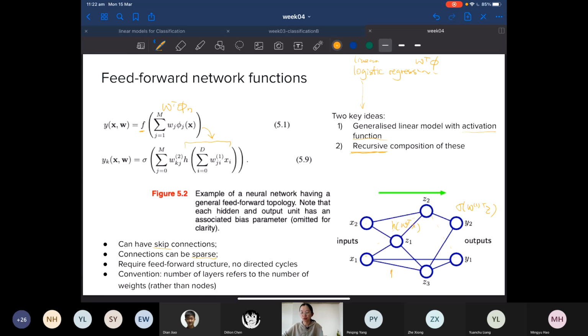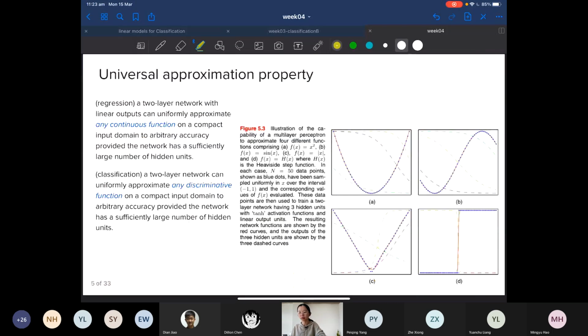So basically weights of layer 1 and then layer 2. So the number of layers, in terms of terminology, at least for this book, refers to the number of weights rather than nodes.